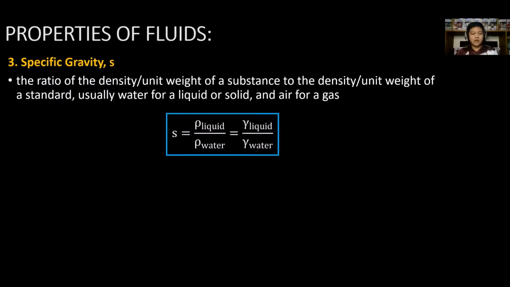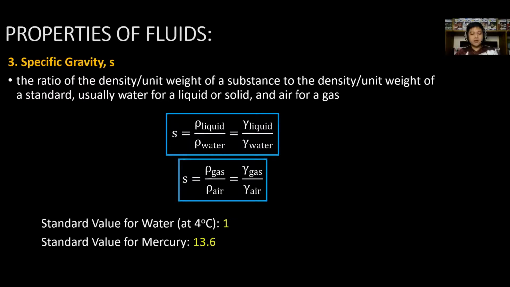In formula for liquid, s is equal to rho of the liquid over rho of water, or gamma of the liquid over gamma of water. For gas, s is equal to rho of gas over rho of air, or gamma of gas over gamma of air. Take note that for water, s is equal to 1, and for mercury, s is equal to 13.6.